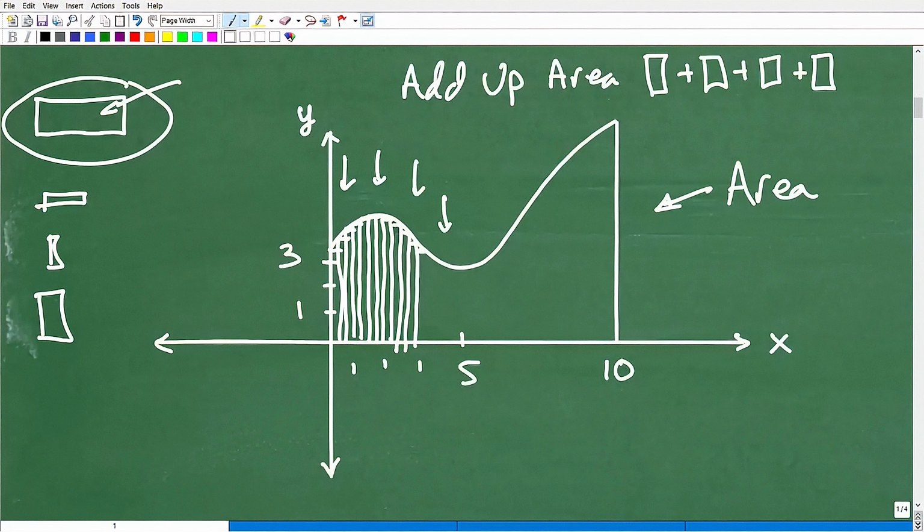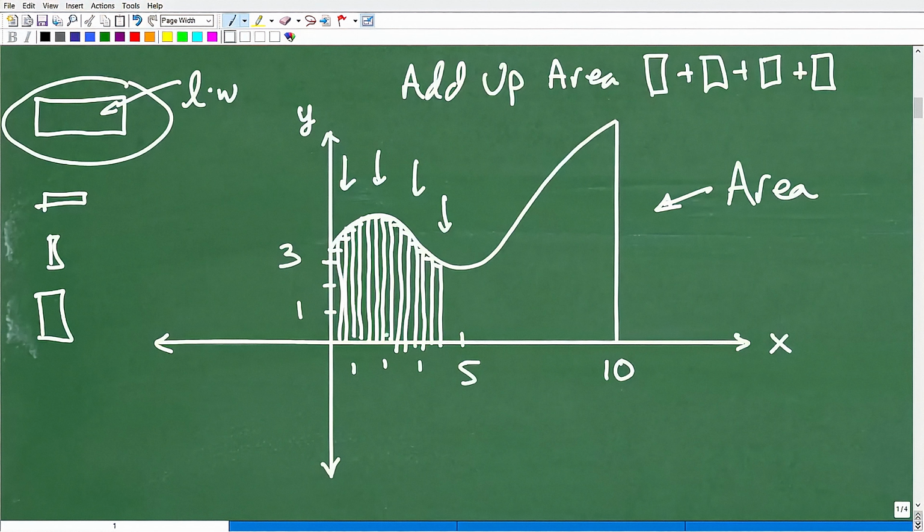Nothing's changed, but now, obviously, you can see I'm going to have a much better estimation of the area. So I know how to find the area of a rectangle again, right? Remember, it's the length times the width, and I can get all that information here, but it's a lot more work, obviously, right? I'm going to have to add up a whole bunch of skinny little tiny rectangles.